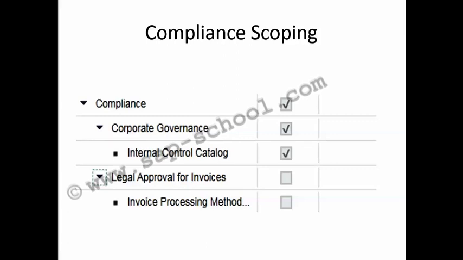So with the legal approval for invoices business package, we can configure the system to generate the business transaction documents such as invoices or notes to be in compliance with the law of certain countries, and if required, request approval for these documents at the legal authorities.